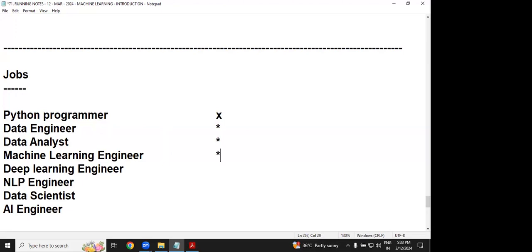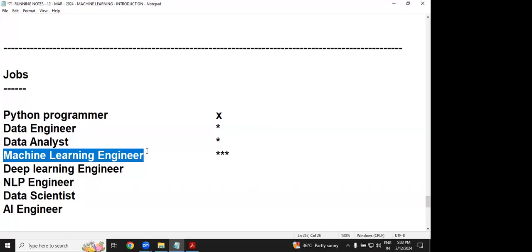ML engineer, high priority. The point is, if you learn machine learning, there is a separate role created in companies and industry, called ML engineer, which means machine learning engineer. The main motto is, by using pandas, we do the data analysis.